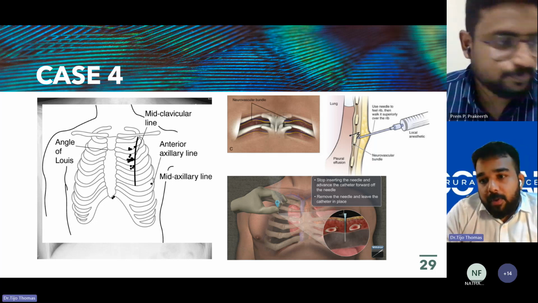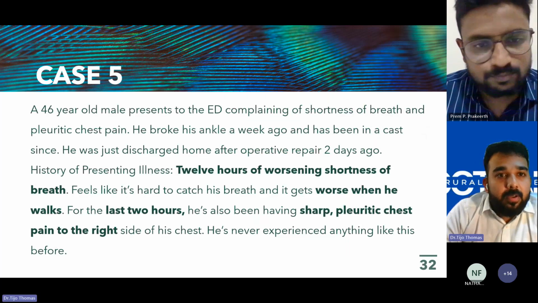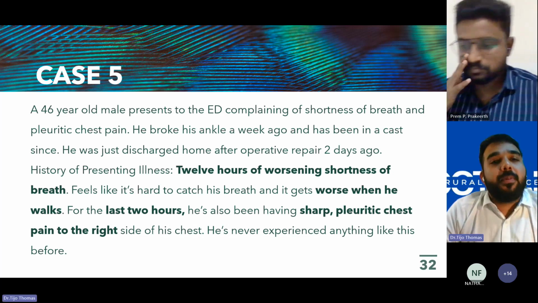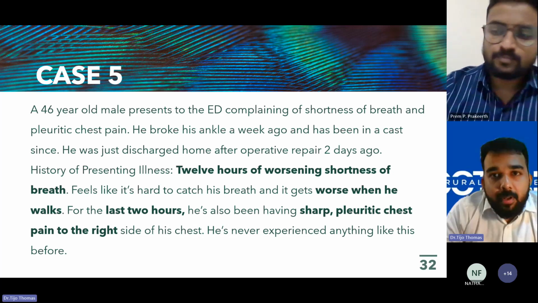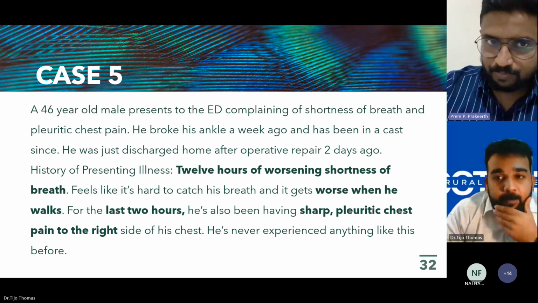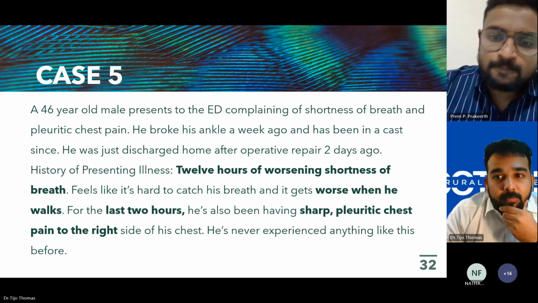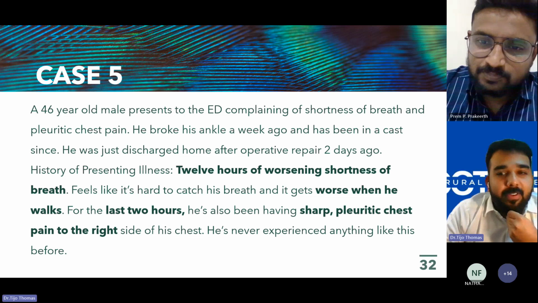So we are almost winding up. So we are going to the last case. This may not be manageable in your setup, but we can just go ahead with reading the next case. Can somebody volunteer? Sachin, do you want to volunteer?